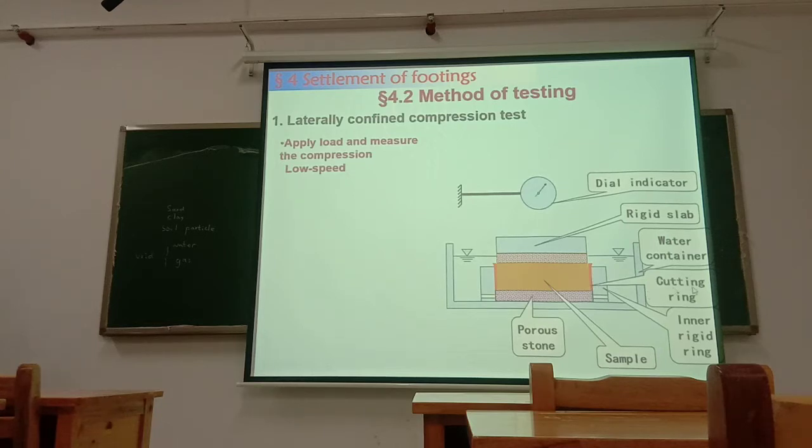The function of the inner rigid ring is to confine the soil sample, so we can call it the confined ring. Here the red color indicates the inner rigid ring.